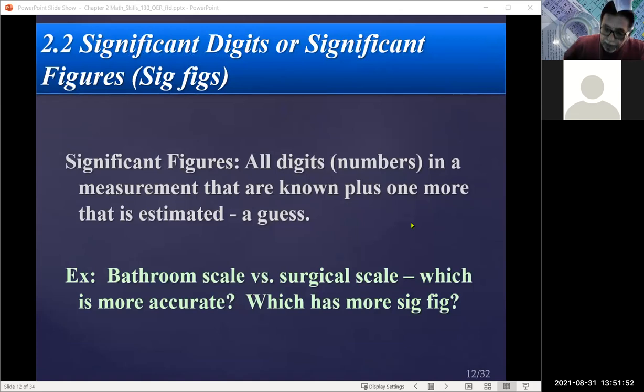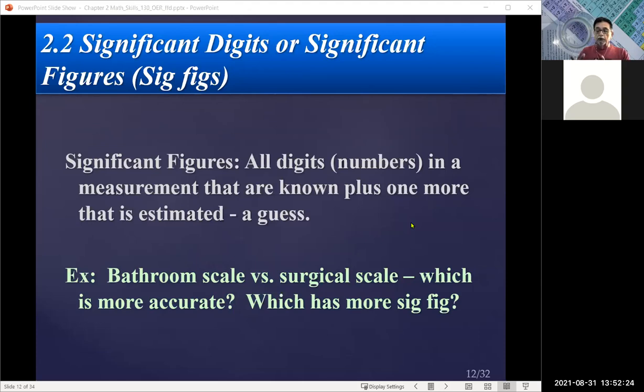Which brings us to what we call significant figures. Now, this is where the challenging part comes into play. We know, for example, the difference between a bathroom scale versus, say, a surgical scale, or the scales that we weigh things on.